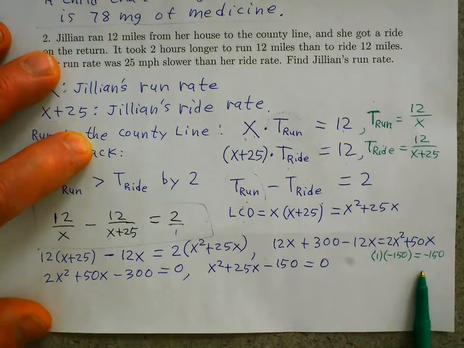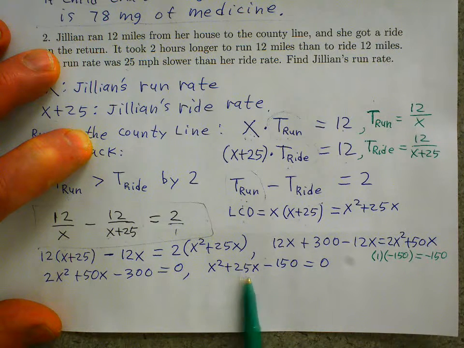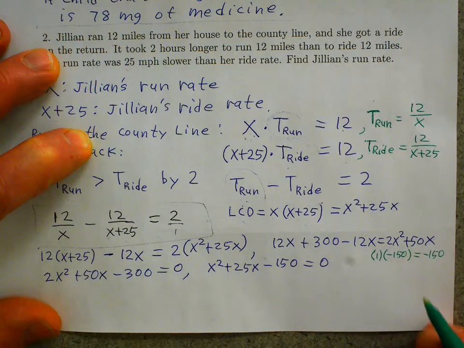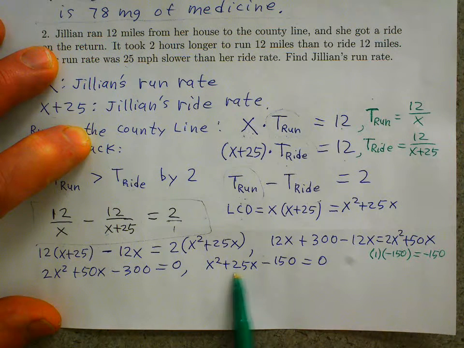And we want to see if we can find two integers that have a product of negative 150 and a sum of 25. So if we can find two integers like that, the one with the largest absolute value is positive, since they add up to a positive 25.